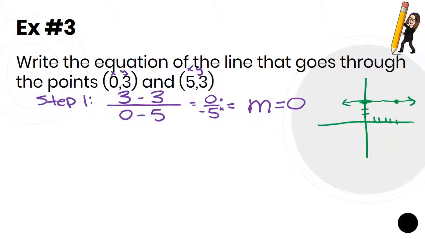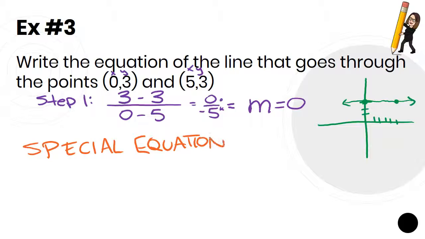So that is a special equation. When you have a 0, it's special. We've talked about these before. This one goes through y at 3.